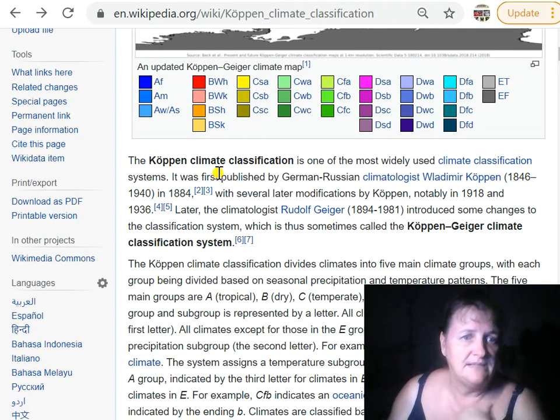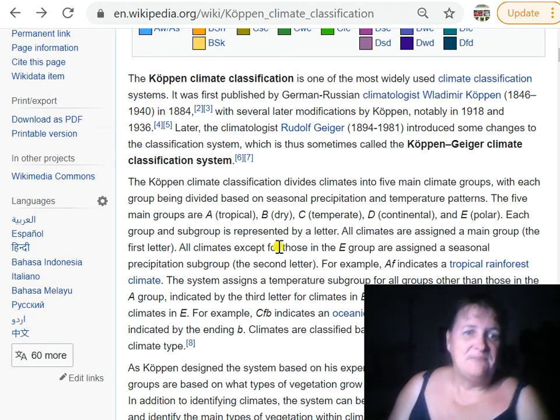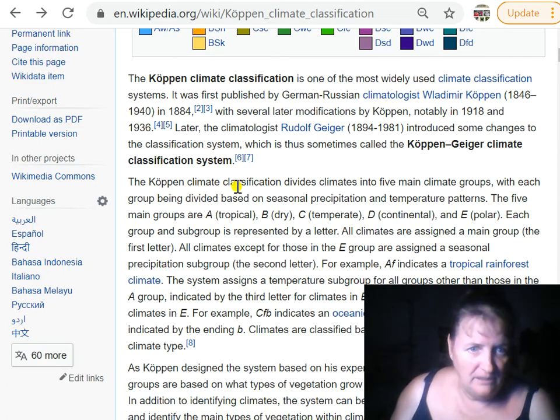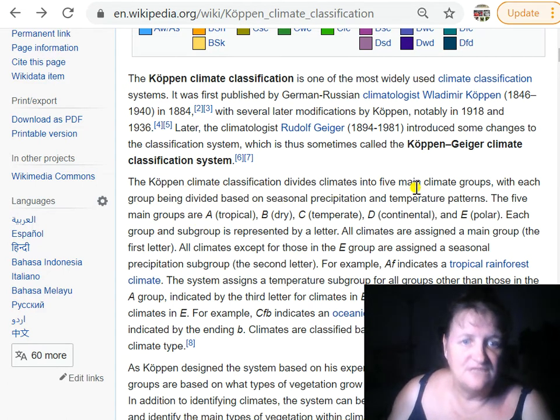Now, the Köppen climate classification is one of the most widely used climate classification systems. It was published by a German-Russian climatologist, I can't pronounce that, back in 1846 to 1940. So basically the way it works is the Köppen climate classification divides climates into 5 main climate groups, with each group being divided based on seasonal precipitation and temperature patterns.